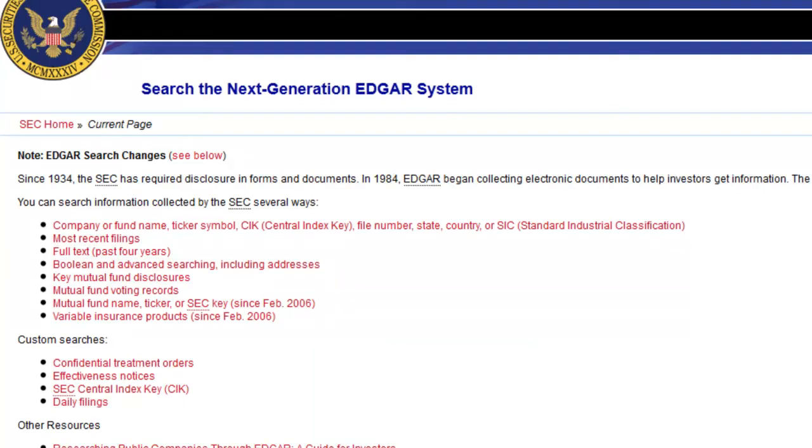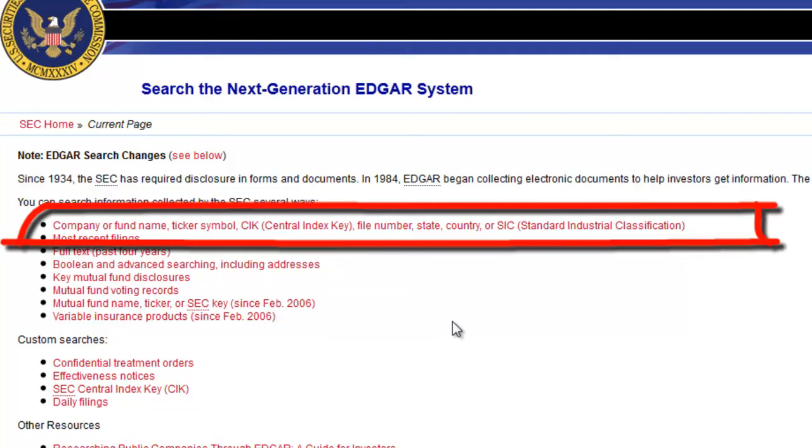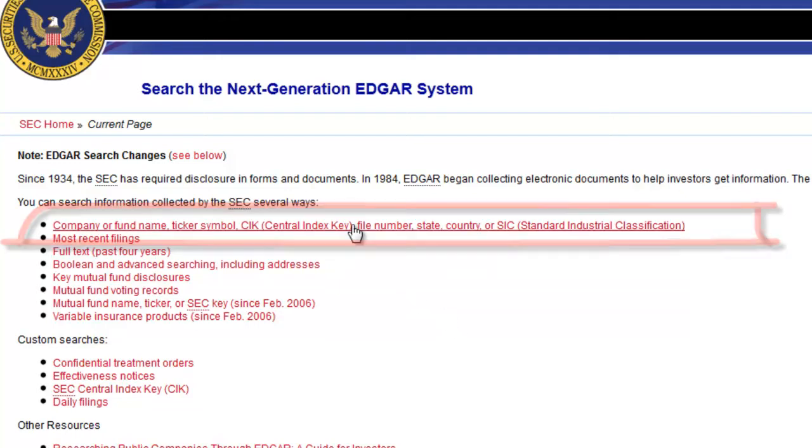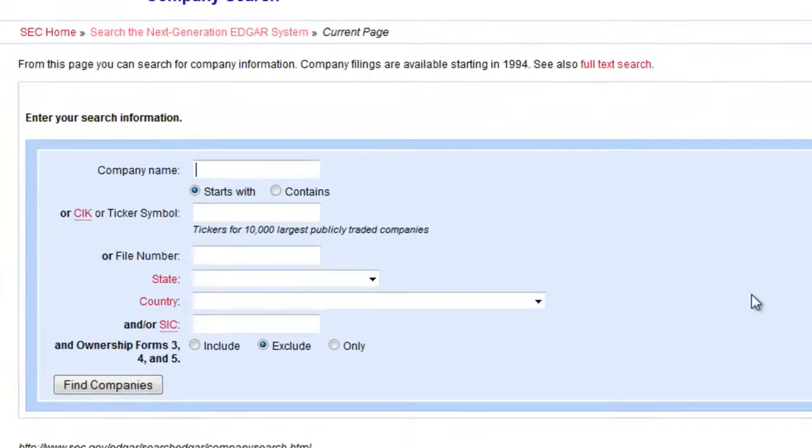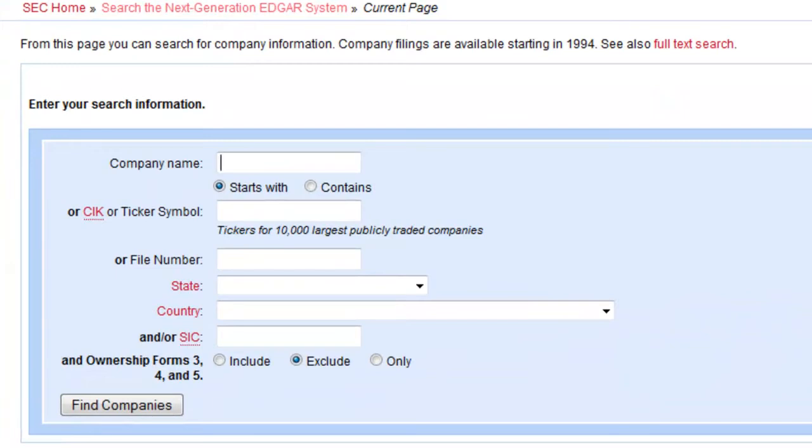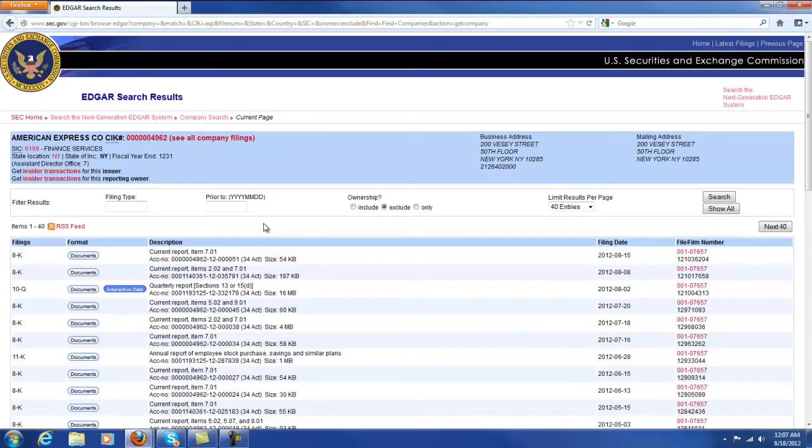Okay, so let's go ahead and talk about the main option that you will be using the most, which is the first one. So let's go ahead and click on it. And you are taken to a page where you have various different ways to search for a company. If you already have the company's ticker symbol, which is usually the case, you can just enter it here. And let's go ahead and enter AXP for American Express and click OK.